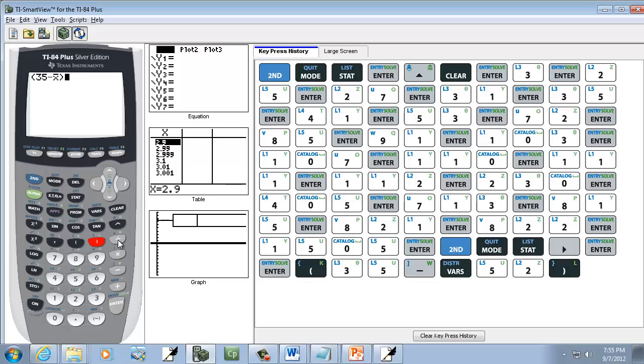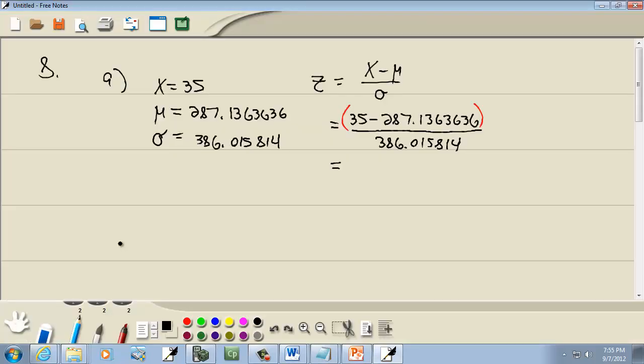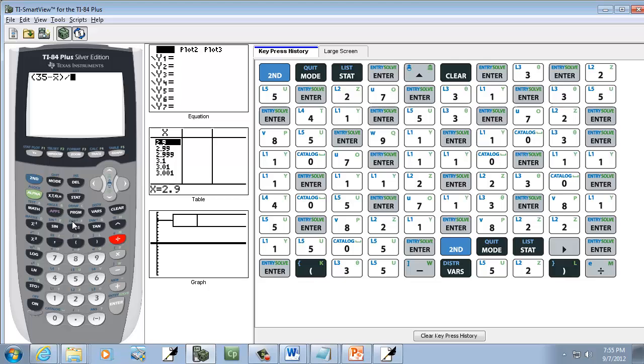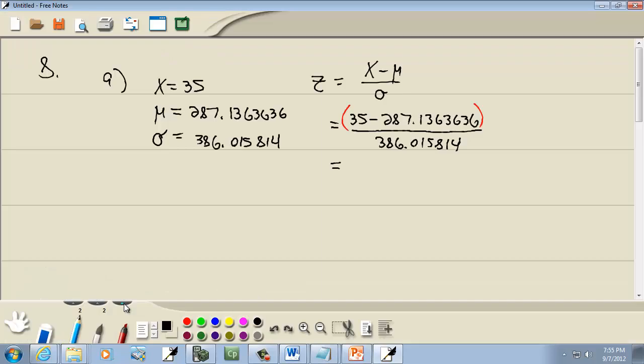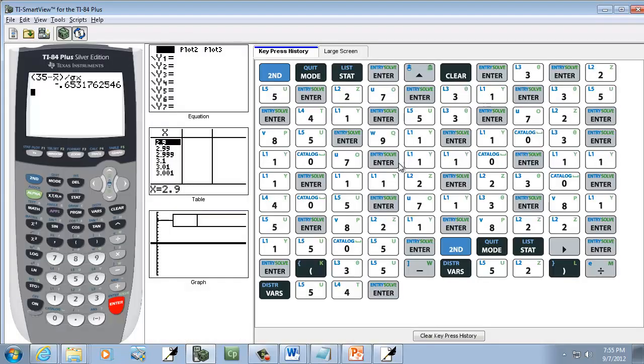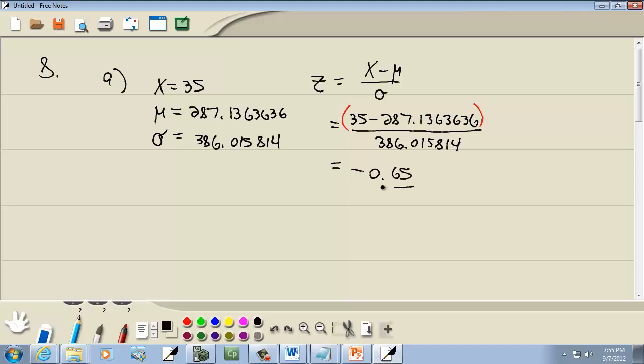Closing parentheses, divided by sigma. So we'll go into vars, 5 for statistics, and 4 for sigma, and then press enter. And rounded to 2 decimal places, it'd be negative 0.65. And that's our answer.